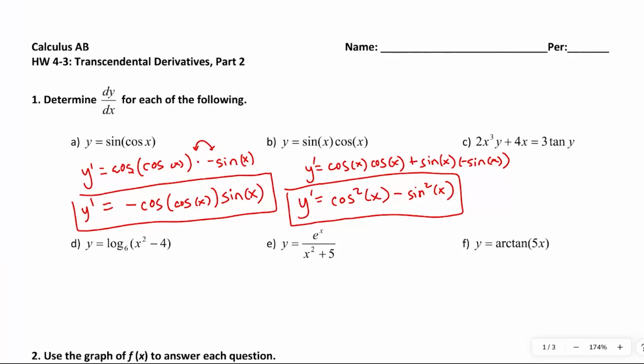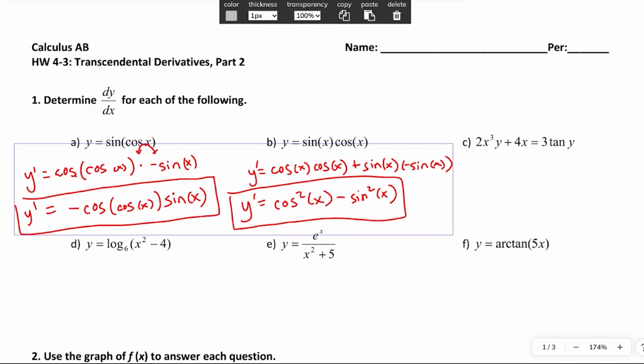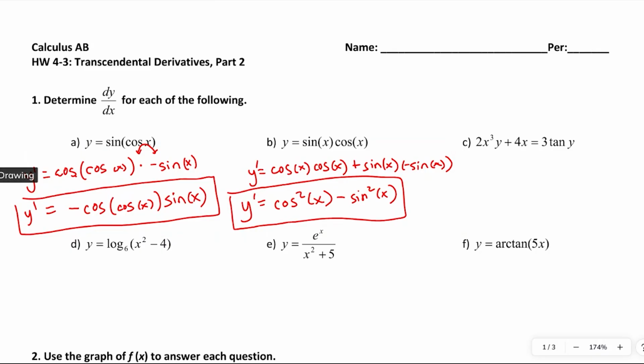Part C, I'm going to move all this stuff out to the side here to give us a little bit of room. We're going to differentiate implicitly. So we're going to do a little product rule up front. 2 times 3 is 6. So you have 6x squared times y plus 2x cubed times dy dx plus the derivative of 4x, which is 4.